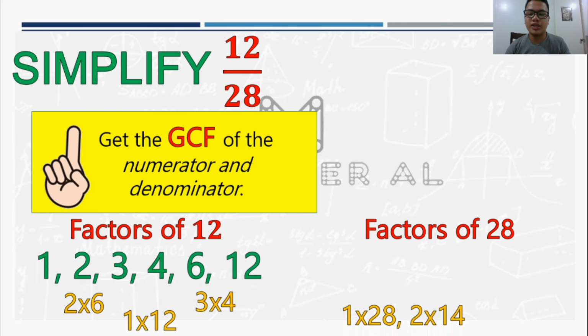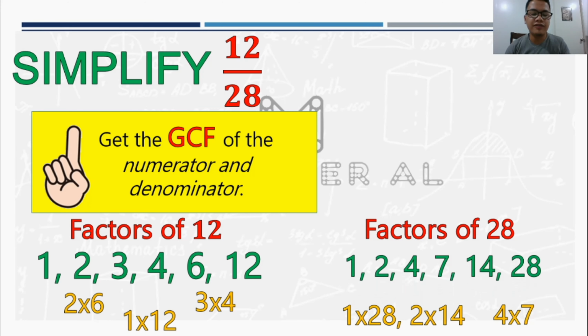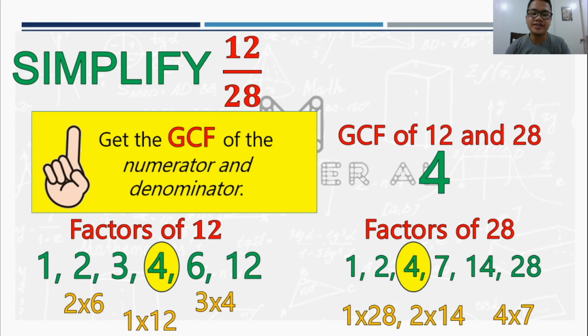Next, we have 1 times 28, 2 times 14, and 4 times 7. So the factors are the following. Now, let's look for the GCF, greatest common factor. So we have 4 as our GCF of 12 and 28.